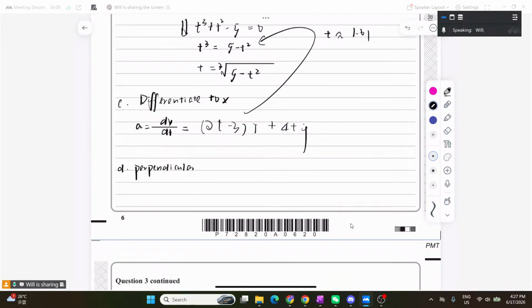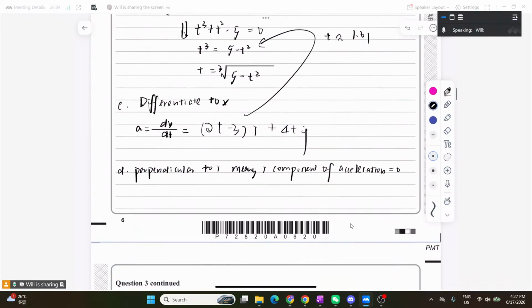The perpendicular to i. That means the i component of acceleration is perpendicular to the other one, and then we can use t equal to 0, so we can get t equal to 0, right?